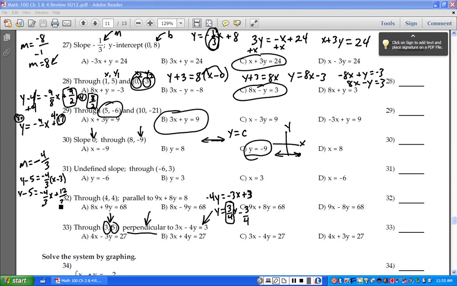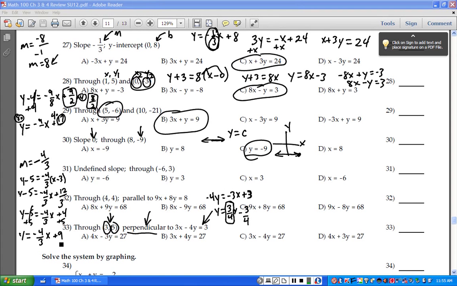Alright, and so I have y minus 5 equals a negative 4 over 3x plus 4, add 5, y equals negative 4 over 3x plus 9.